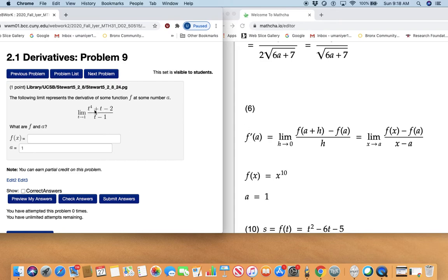So f of x should be this, except it should be in x: x to the power 4 plus x. Check: when you plug in x equals 1, what do I get? 1 plus 1, 2. So that is f of a. So that's fine.